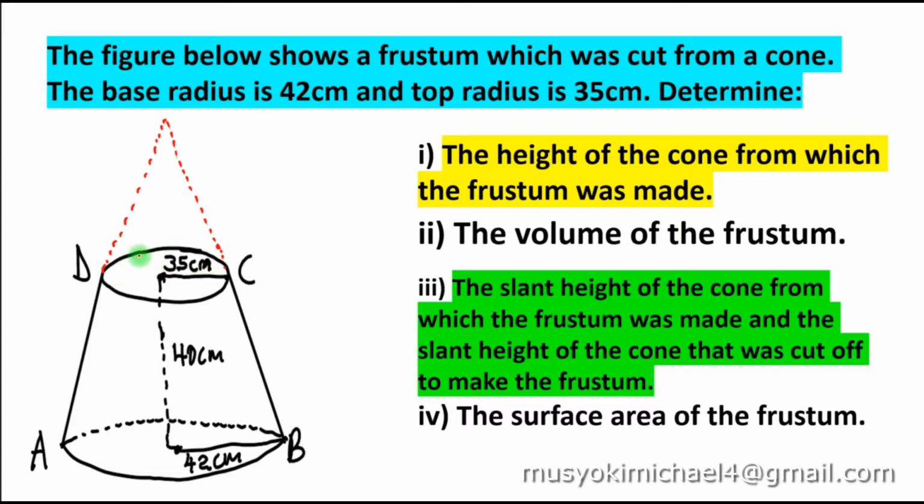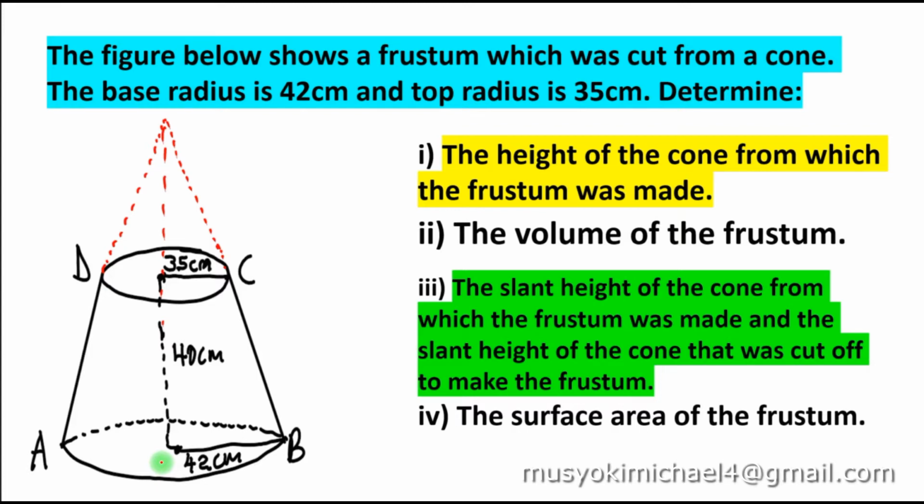Then we need to find the height of the frustum. Now that is the height of the cone. Now the whole cone, we need to find all of this height. Then from there we get its volume and surface area.